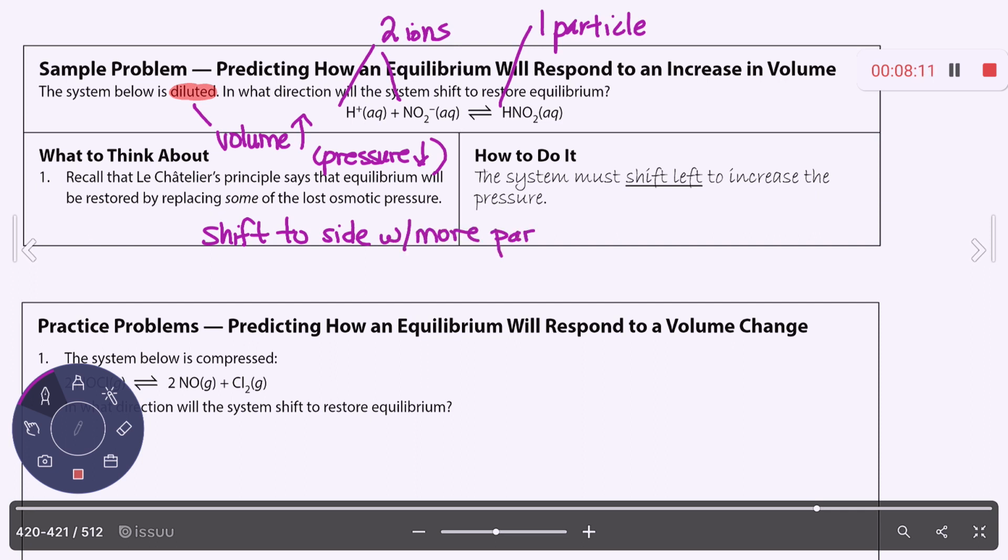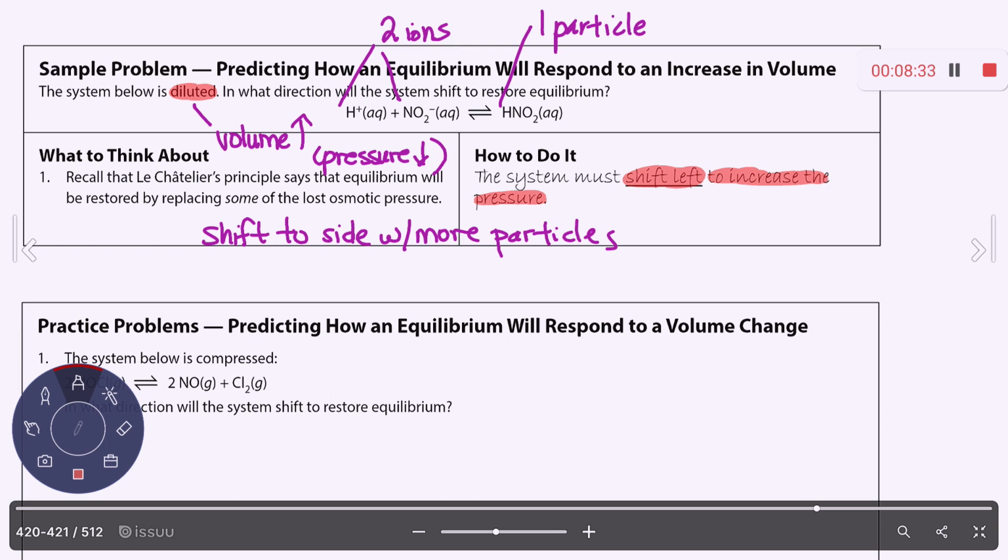Which side would that be? The left, right. So we will shift to the left. And the reason we shift to the left is because there's more particles. They will collide with the surface of their container more often. That will result in the pressure coming up, and that will help get us back to equilibrium.